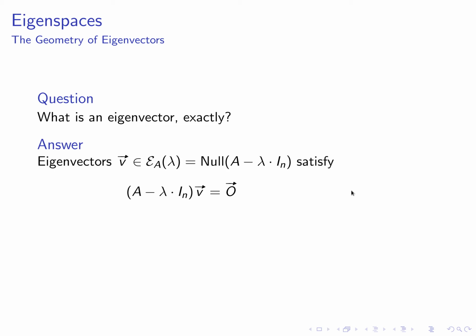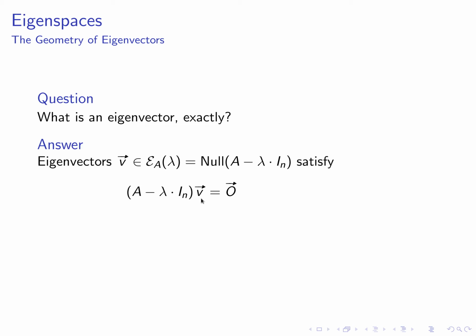The first thing to point out is that, by definition, a vector lives in the null space of A minus lambda times the identity means that A minus lambda times the identity multiplied by that vector equals the zero vector. So the eigenvectors living in an eigenspace are exactly the vectors V that satisfy the equation A minus lambda times the identity, all multiplied by V, equals the zero vector.